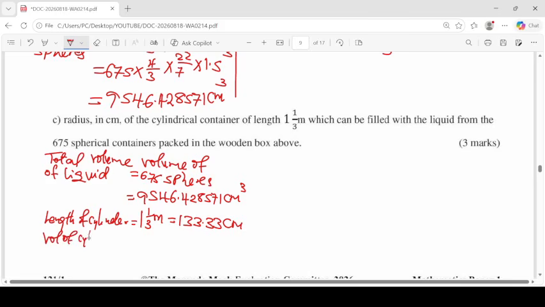Volume of the cylinder is given by the formula pi r squared h. So our pi in this case is 22/7 times the radius, which we don't have. We can say r squared, then by the height, which is our length in this case, 133.33. So this expression here should give you the volume of the cylinder.